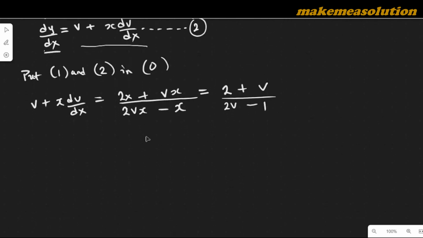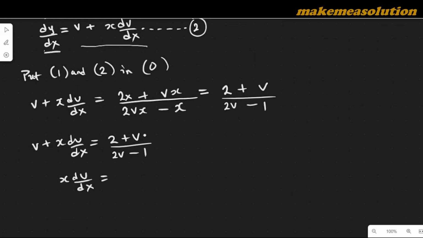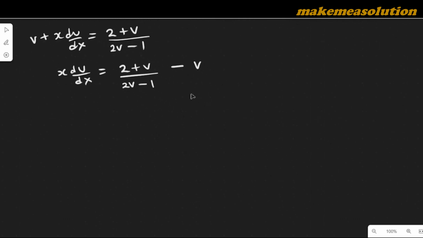So we have v plus x dv dx is equal to 2 plus v over 2v minus 1. So x dv dx is equal to 2 plus v over 2v minus 1 minus v. Alright, so we're going to keep solving.